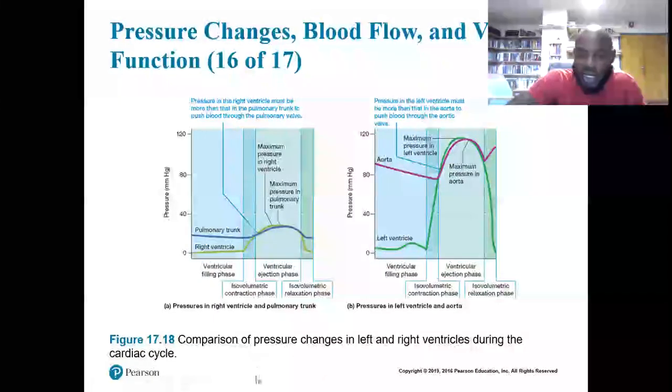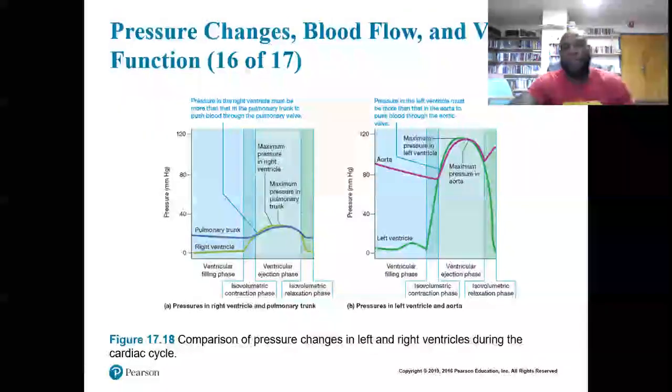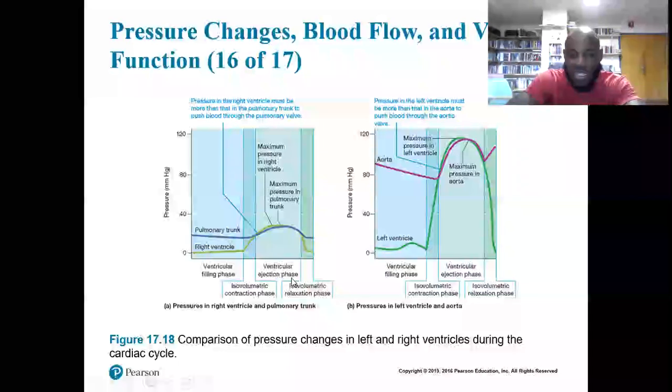All right, this is a nice diagram that shows you the pressure: ventricular filling phase, isovolumetric contraction phase, ventricular ejection phase, isovolumetric relaxation phase.